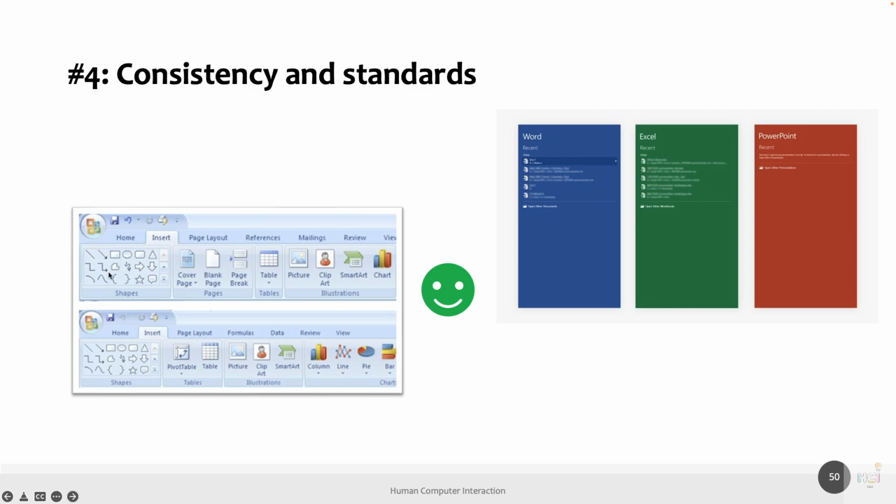So if you learn how to use Word and how to insert a shape on Word, you are probably able also to insert a shape on PowerPoint because the menus are consistent. And also here you have consistency in the menus of Word, Excel, and PowerPoint on a mobile interface. So it's a consistency across a family of different software.